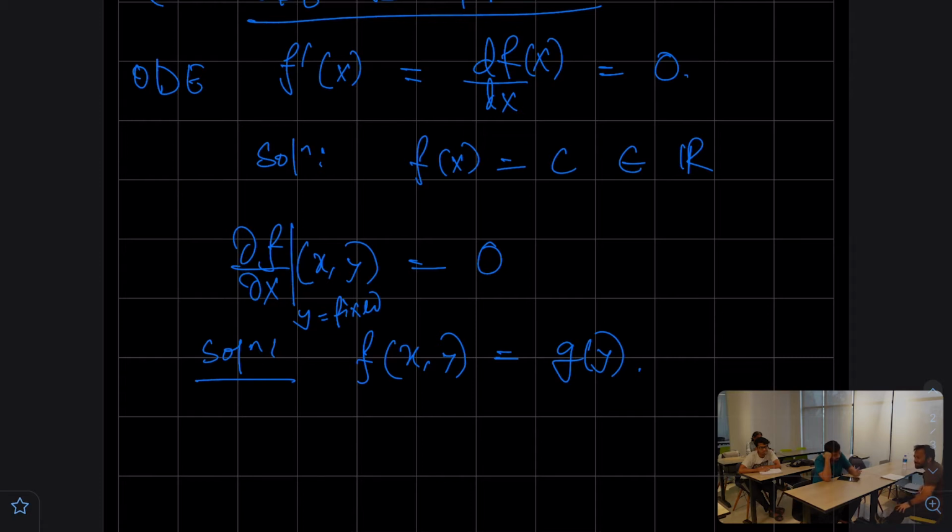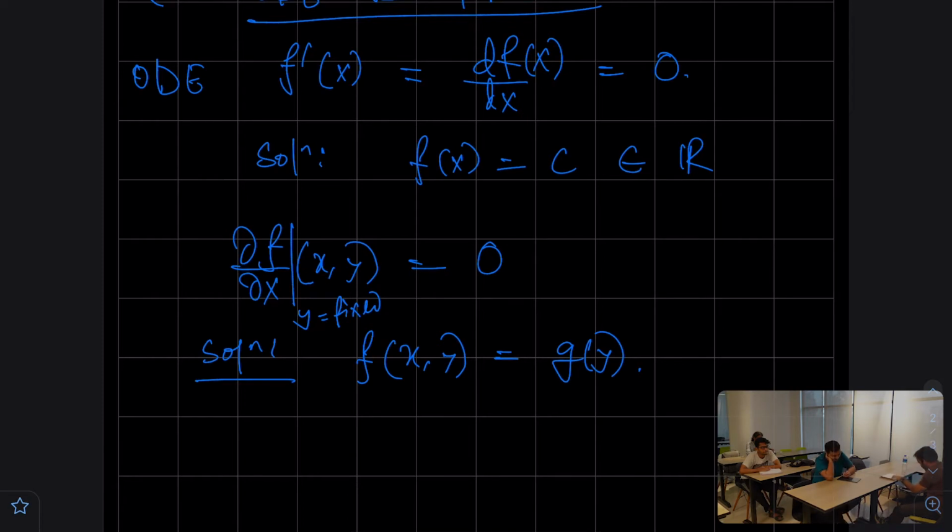ODE is a full derivative of a single variable. Now, this is an arbitrary function instead of an arbitrary constant. How many functions can you write down that satisfy this equation? Infinite.